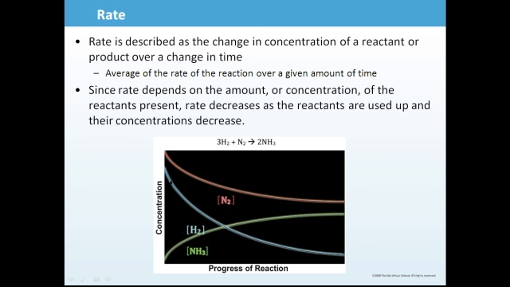If you look at our graph, up here at the beginning there is a quick drop off, so we get a big change in concentration in a short amount of time. Over here at the end of the graph, it's more flat, so in the same amount of time we do not have as much of a change. So the rate down here is definitely going to be less than the rate up here. Okay?